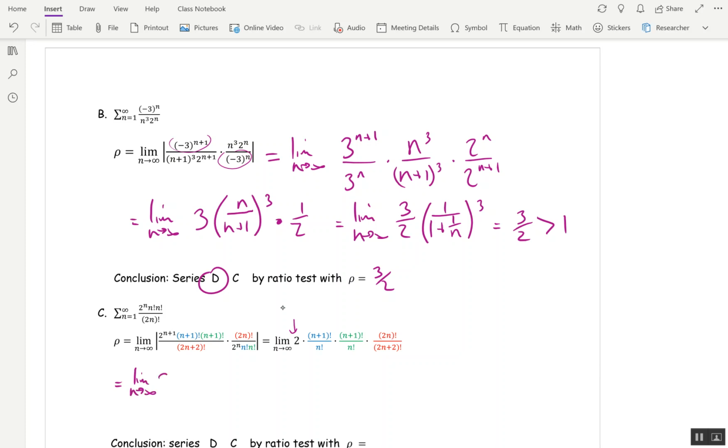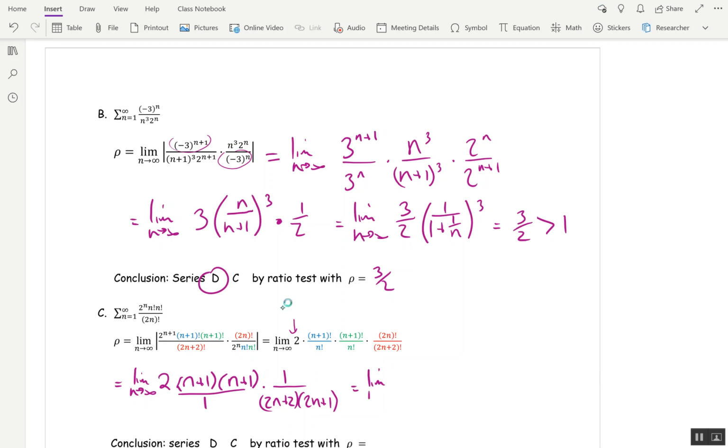As n goes to infinity, 2. n plus 1 factorial over n factorial is n plus 1. And so I get 2 of those. And then (2n) factorial over (2n plus 2) factorial is 1 over (2n plus 2)(2n plus 1). Think of this as a fraction over 1.